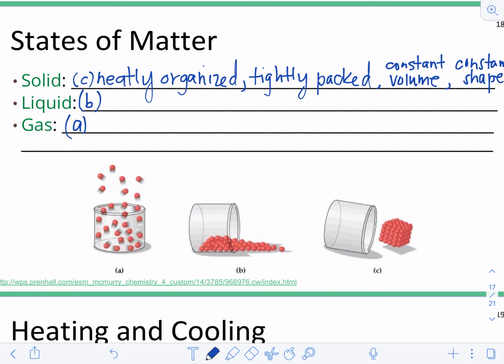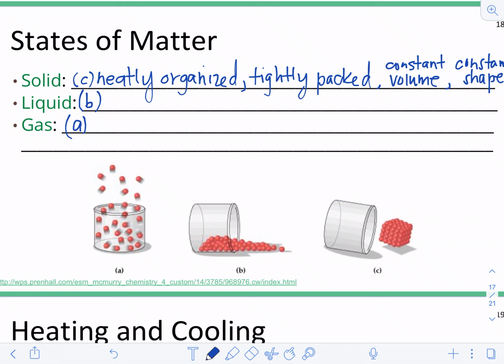Liquids do have a constant volume. I could measure 10 milliliters in a graduated cylinder and pour it into a beaker, and it looks different, but it's still 10 milliliters. So the volume is constant, but it does not have a constant shape. Water's shape fits whatever container we put it in.